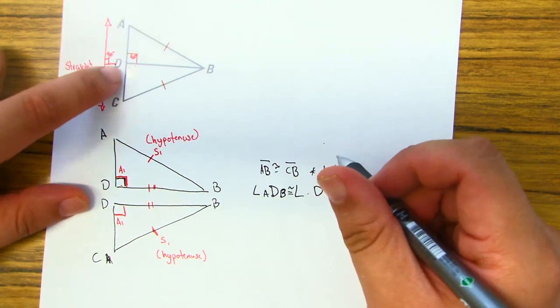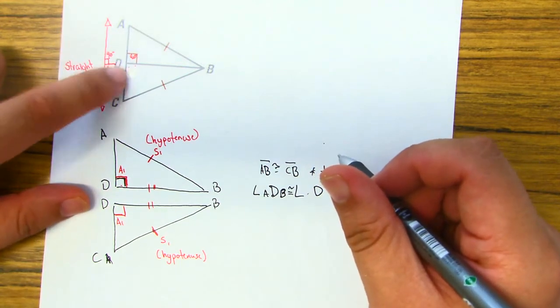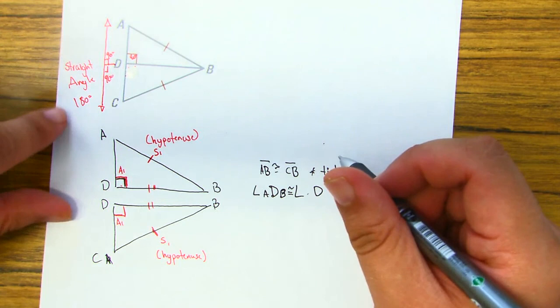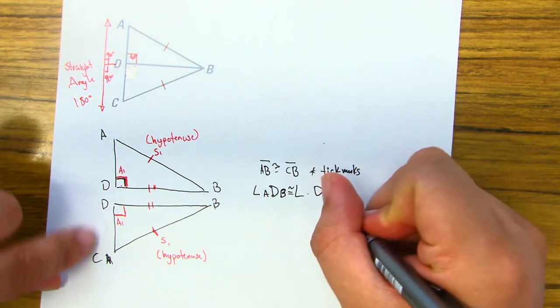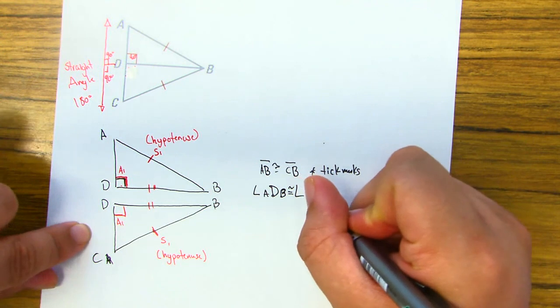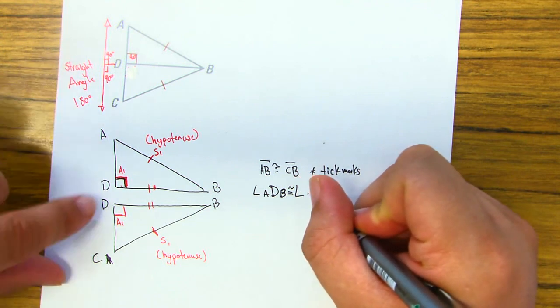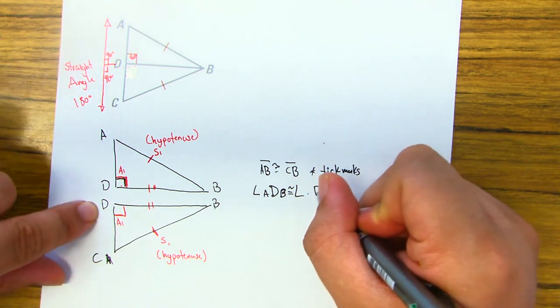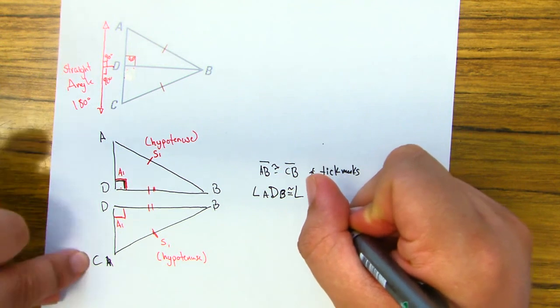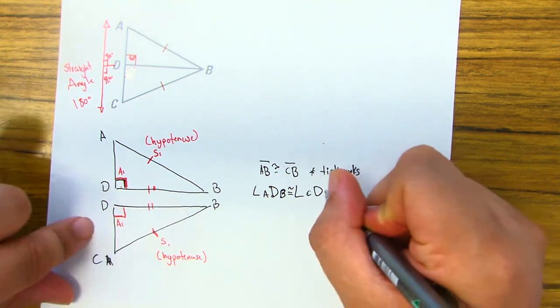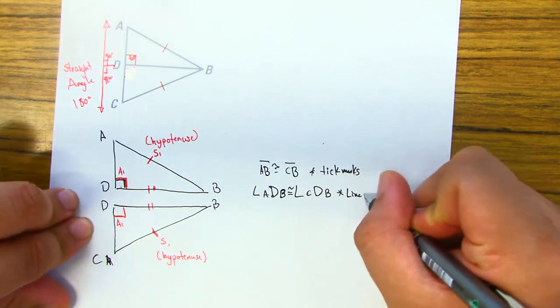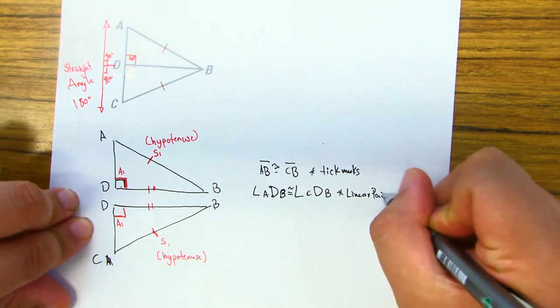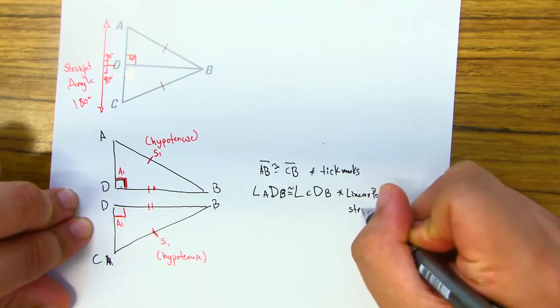If this is 90, then the adjacent angle is also going to be 90, because 90 plus 90 equals 180. So this angle D will equal 90 degrees because of a straight angle or linear pair. You name this angle D with the ray DC and the ray DB. And I know they're congruent because of a linear pair, or you can say straight angle, whichever you want to say.